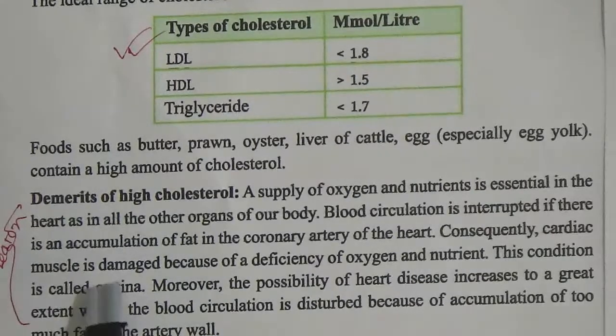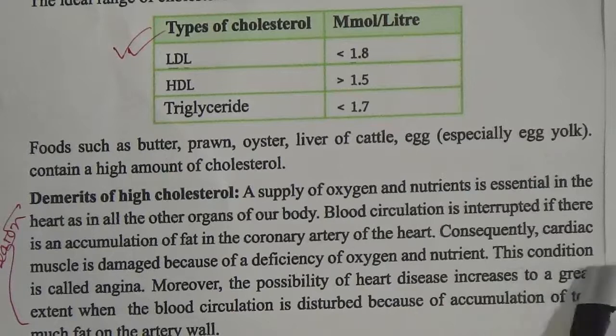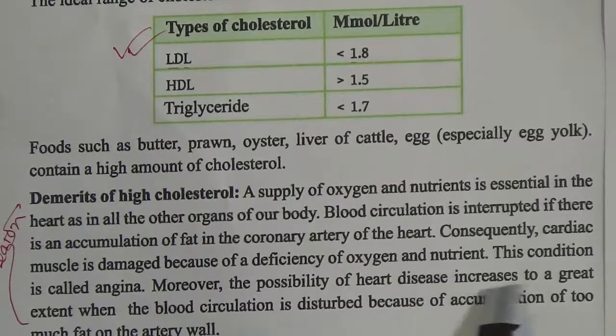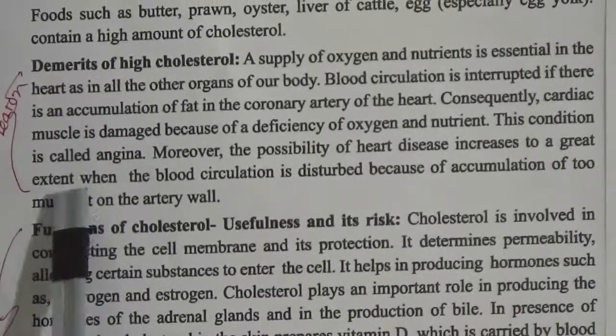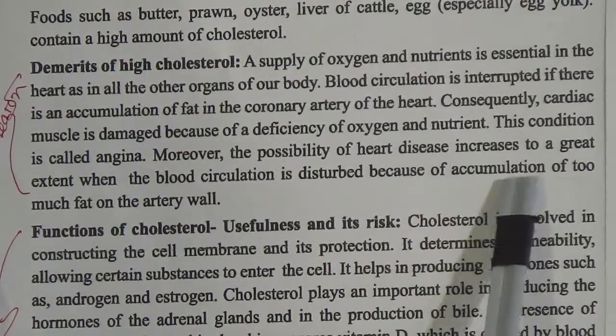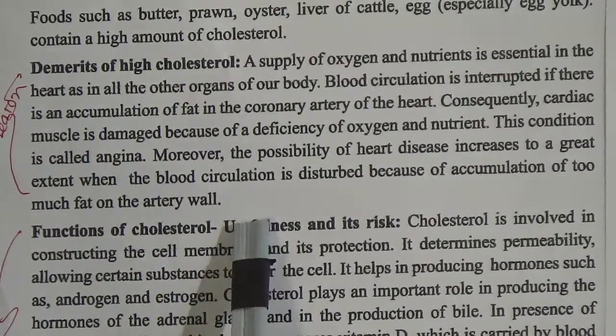Consequently, cardiac muscle is damaged because of deficiency of oxygen and nutrients. This condition is called angina. Moreover, the possibility of heart disease increases to a great extent when the blood circulation is disturbed because accumulation of too much fat is on the artery wall.